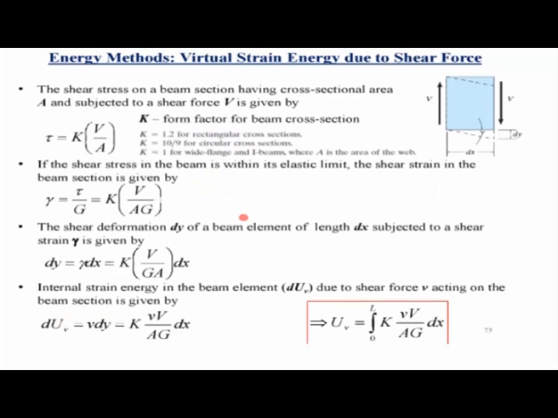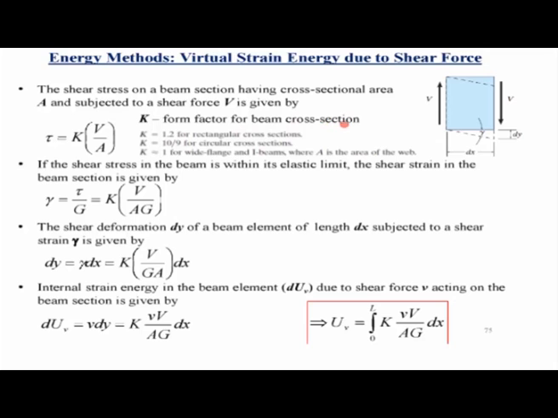Now coming to the virtual strain energy due to shear forces, if you have an element which is subjected to a shear force, then the shear stress on that element is given by tau equal to K into V over A. Now this V is the shear force at any section of a beam.